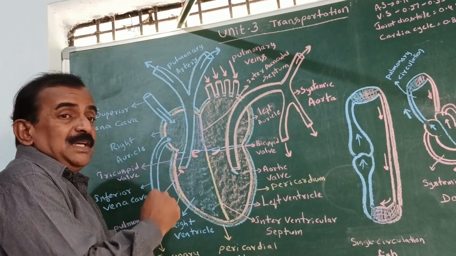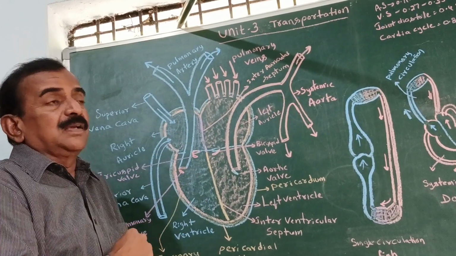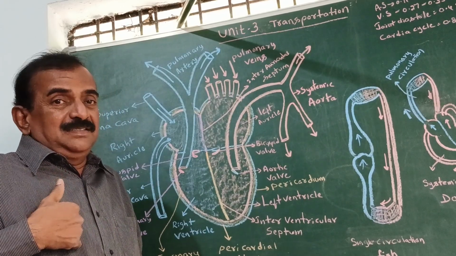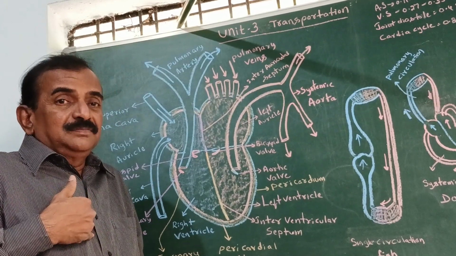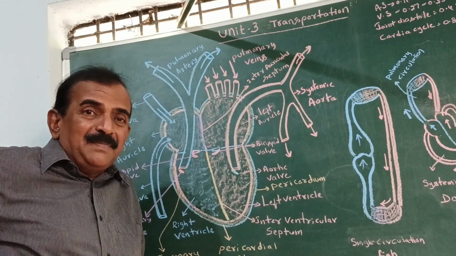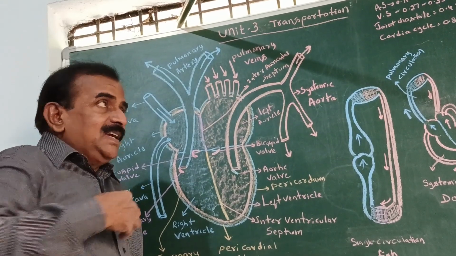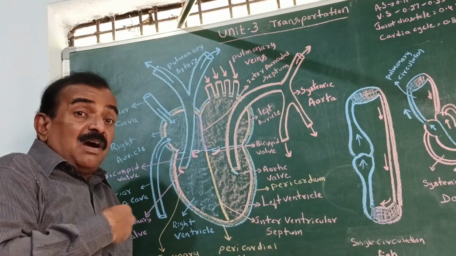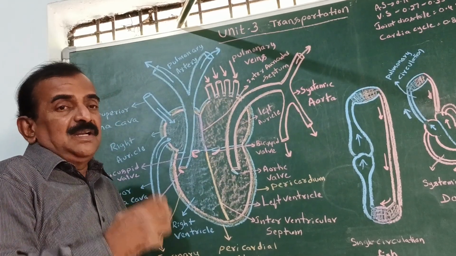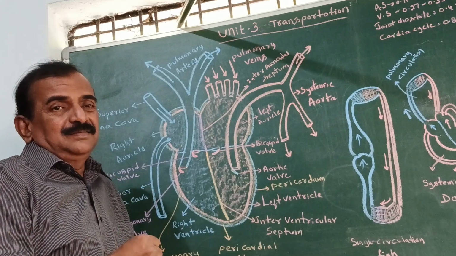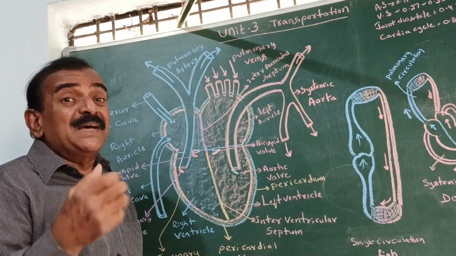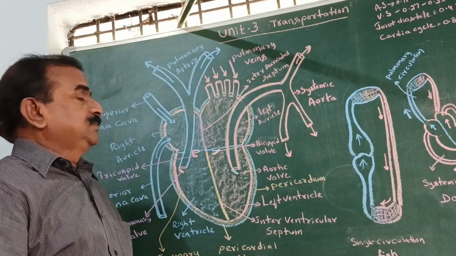The heart is present in between the lungs in the thoracic cavity, and it is protected by the rib cage in front and by the backbone at the back. The heart is made up of muscles, and it is a hollow organ. It is not made up of bones, it is made up of cardiac muscles.